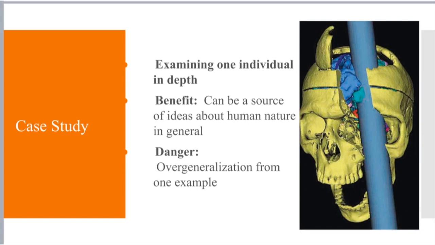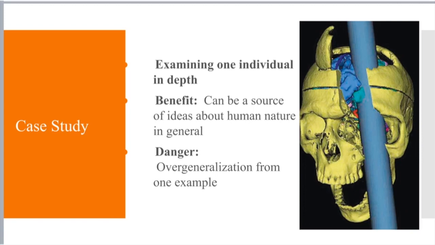The benefits of case studies include that they can be a source of ideas about human nature in general, but a danger could be overgeneralization from one example. We look at this one case and say, we understand this now. That can be problematic, because it could just be a fluke situation, or this person's individual experience could be different from somebody else's.